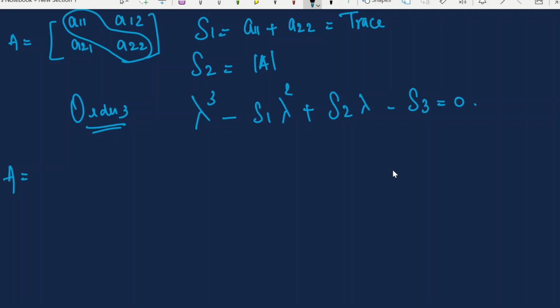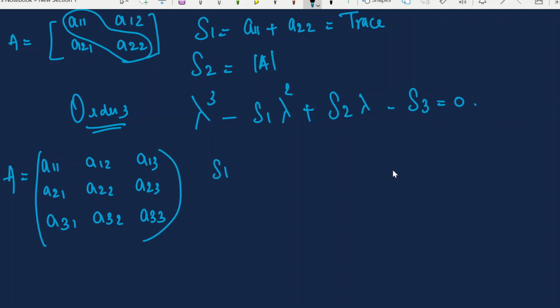Let the matrix be A11, A12, A13, A21, A22, A23, A31, A32, A33. S1 is the same concept, the sum of the leading diagonal elements, that is the trace of the matrix.